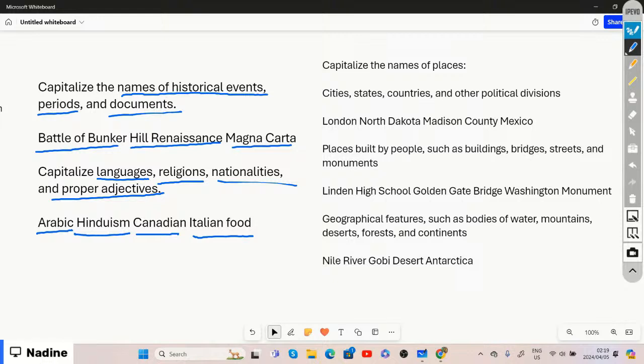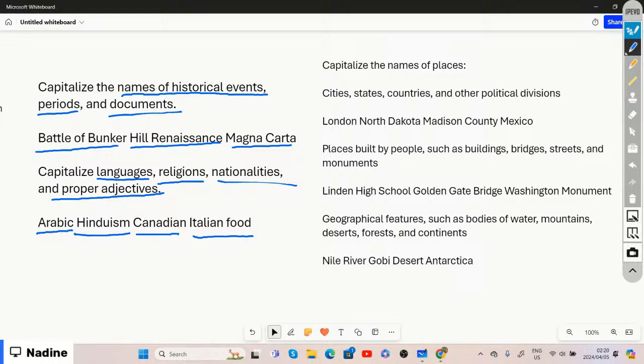Like Linden High School, like the name of a school, we capitalize the names of a school. Whether you abbreviate the name of the school, it still needs to be capitalized. Bridges, rivers, those are things that need to be capitalized. Golden Gate Bridge, Washington Monument, right?